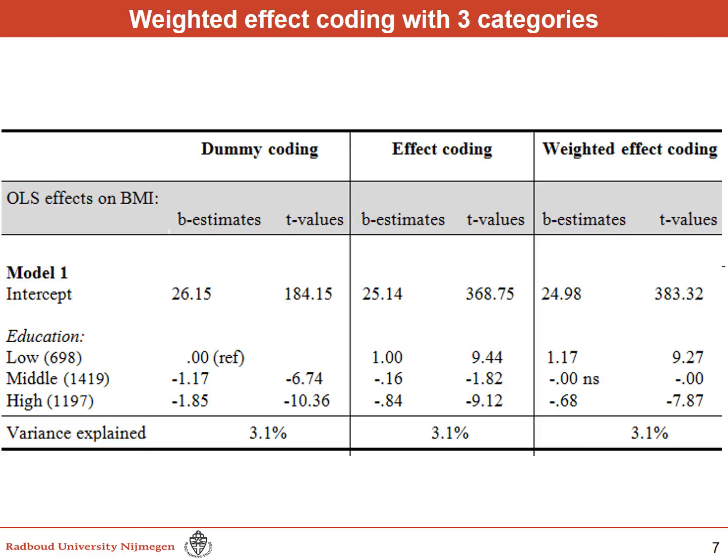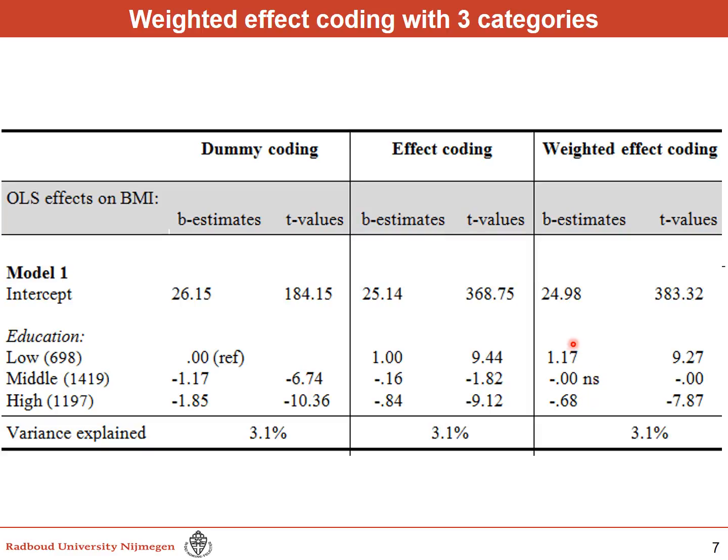So if you would just take our sample and ask for the mean of body mass index, you will get 24.98. And as you can see, here we have quite different estimates. We have, for instance, the middle educated, who do not deviate from the sample mean. Actually, they are exactly equal to the sample mean.